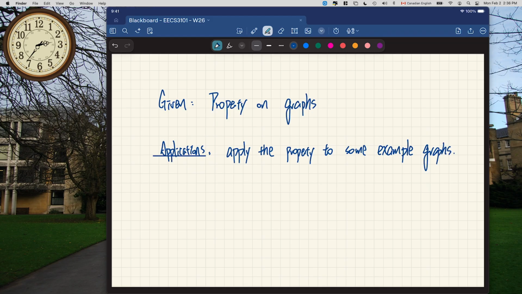And then the question might be, prove or disprove this particular property.